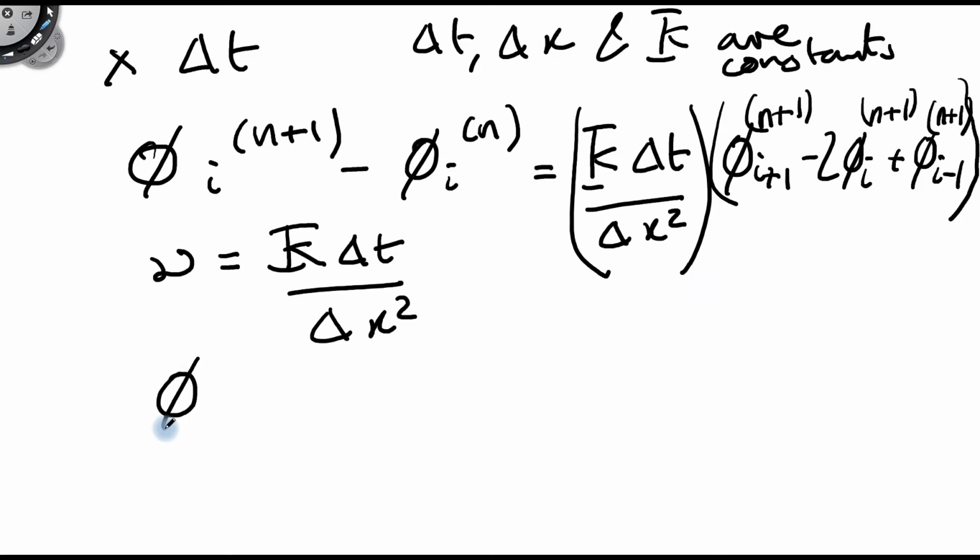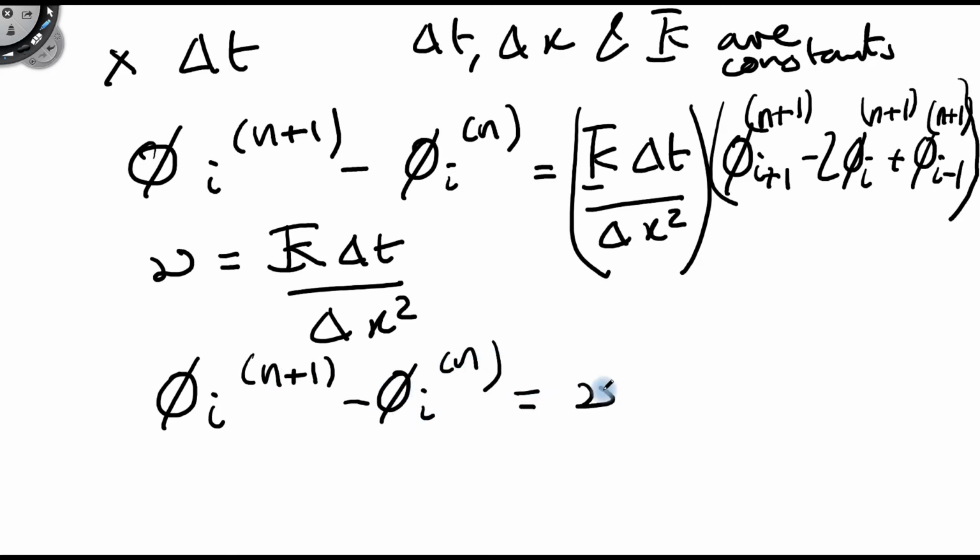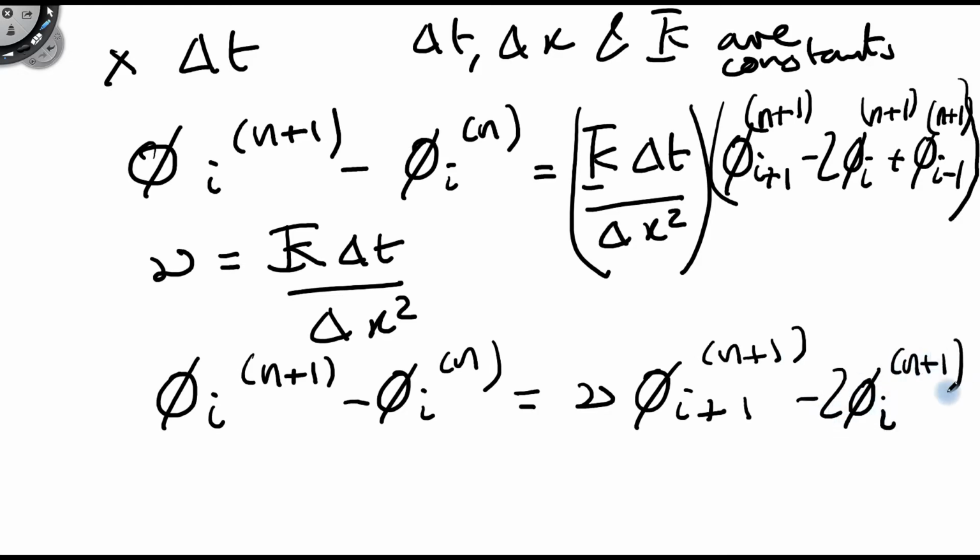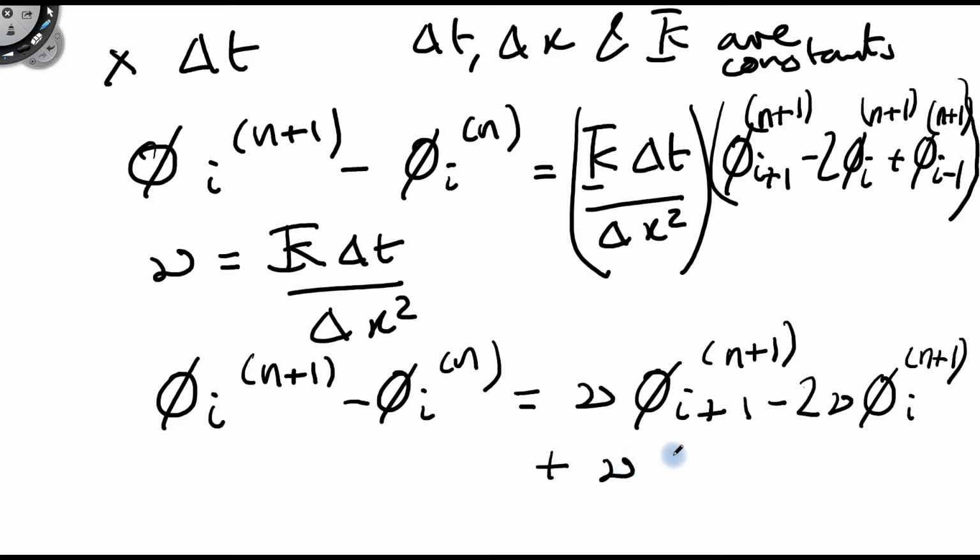So that will give phi I n plus 1 minus phi I n equals nu, just expanding out those brackets, minus 2 nu phi I plus nu phi I minus 1 and plus 1.